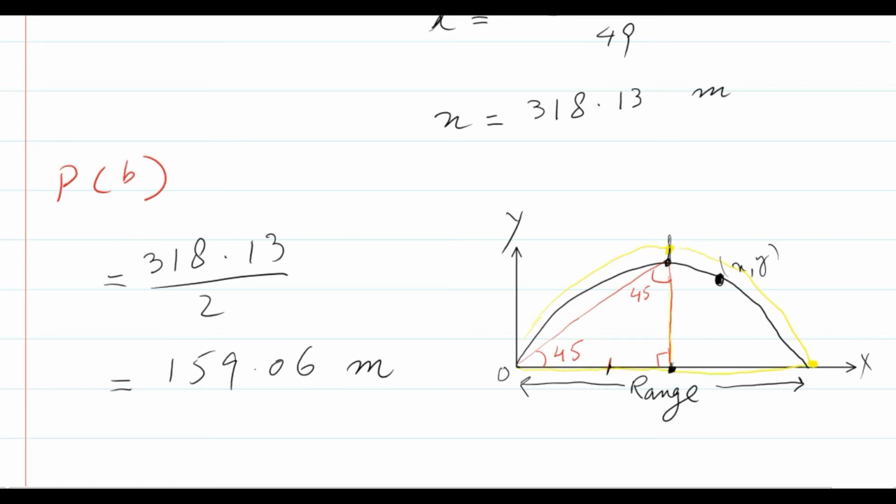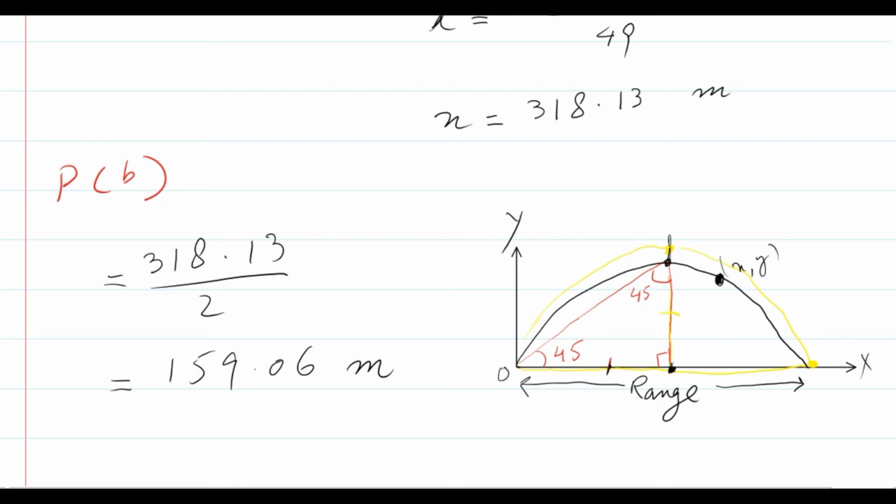Now consider this triangle. For maximum range you have 45 angle, and in this right angle triangle, when this angle is 45, this is 90, this angle will also become 45. And in a right angle triangle, if you have two angles equal, then the opposite sides to the angles are also equal.